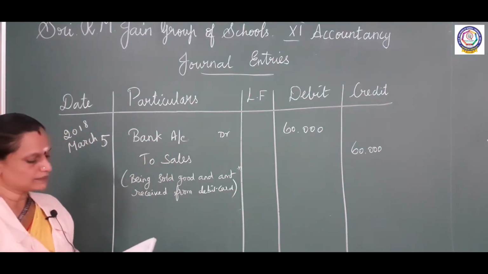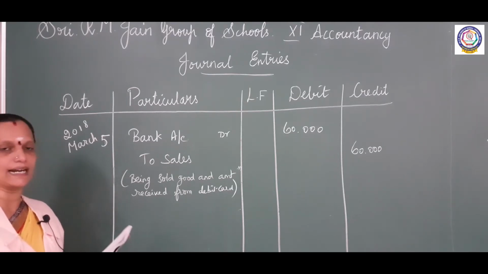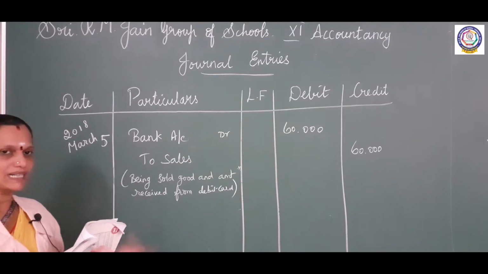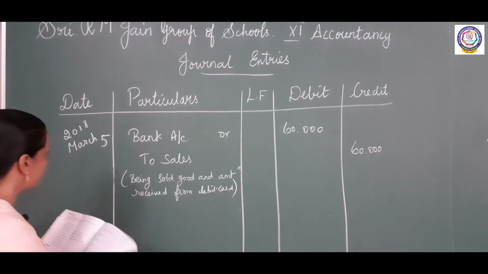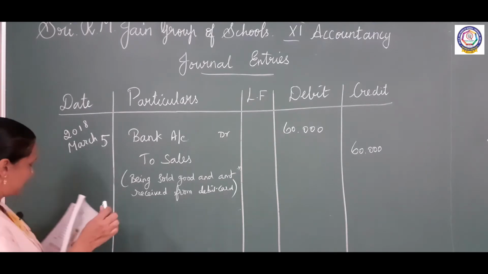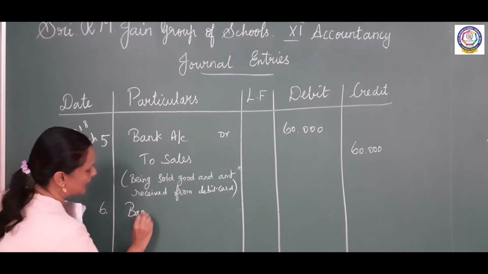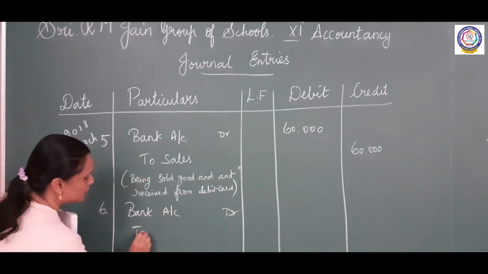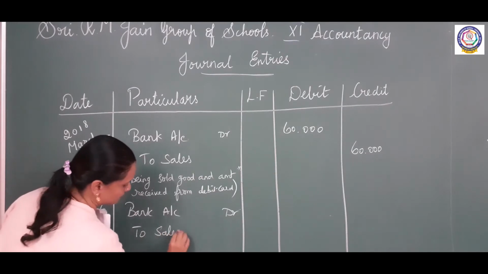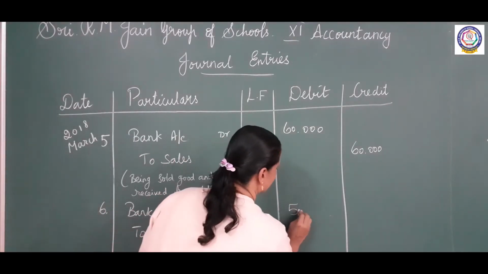And then sold goods to Keertana, who made the payment through credit card. So credit card, debit card, whatever we are doing, you have to take it as a bank only. So here also same entry. Bank account debtor to sales. How much? 50,000.